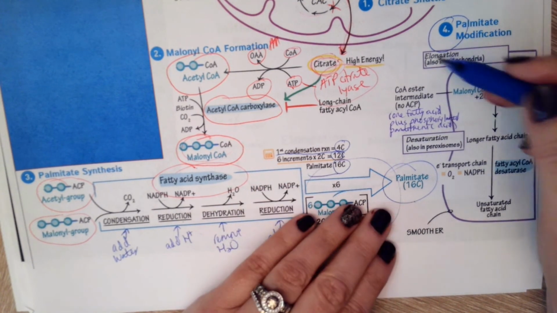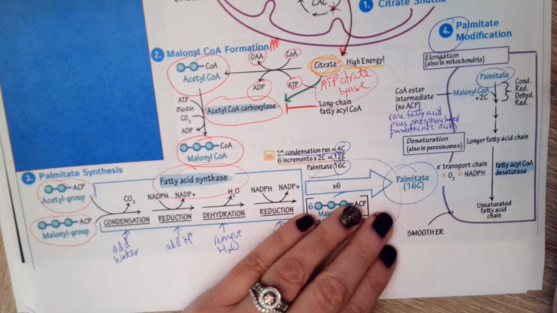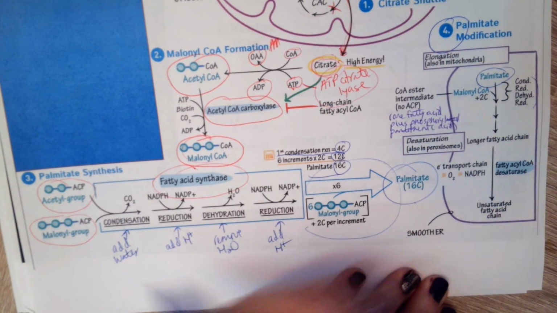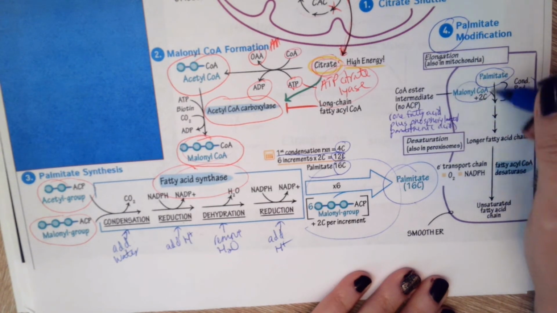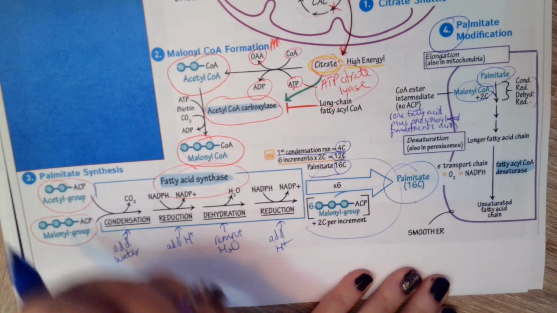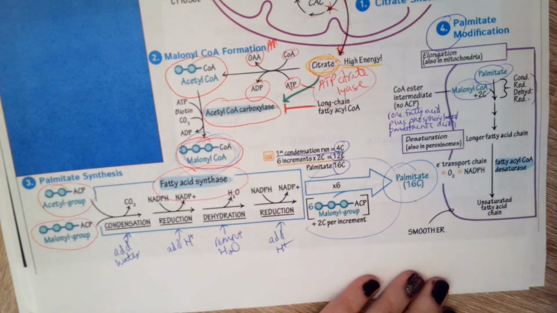So as we start to elongate this, there's the palmitate going in. It goes through all of these, so the 4 steps: condensation, reduction, dehydration, reduction again. It's all using malonyl CoA. So, right where we started from, we just need another one of those.